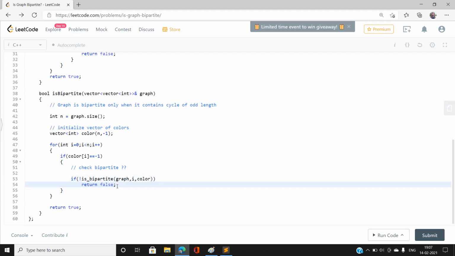I am going to check the bipartiteness of this connected component, and if this returns true, I am going to claim that this connected component is bipartite, that is, we can color the nodes using only two colors and the condition is satisfied. If at any time this returns false, I am going to return false here, denoting that we cannot color the graph using two colors, that is, our graph is not bipartite. Otherwise we are going to return true in all other cases.